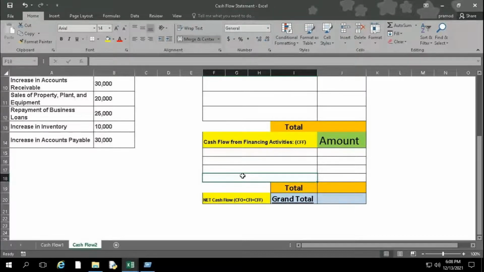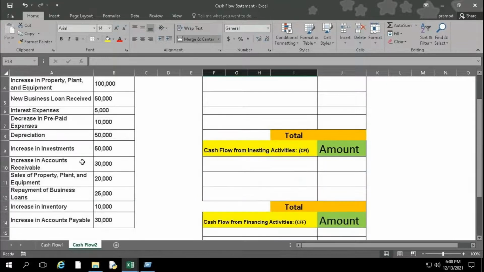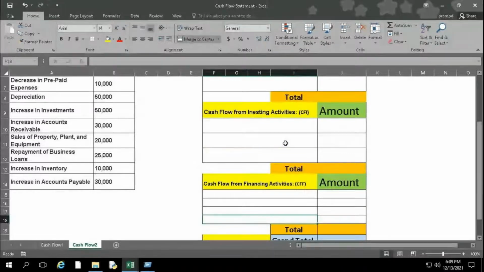Then this one, sales and equipment is minus 20,000. Repayment of business loans is again in CFF, right? Loan, CFF. So CFF. So minus. Correct.